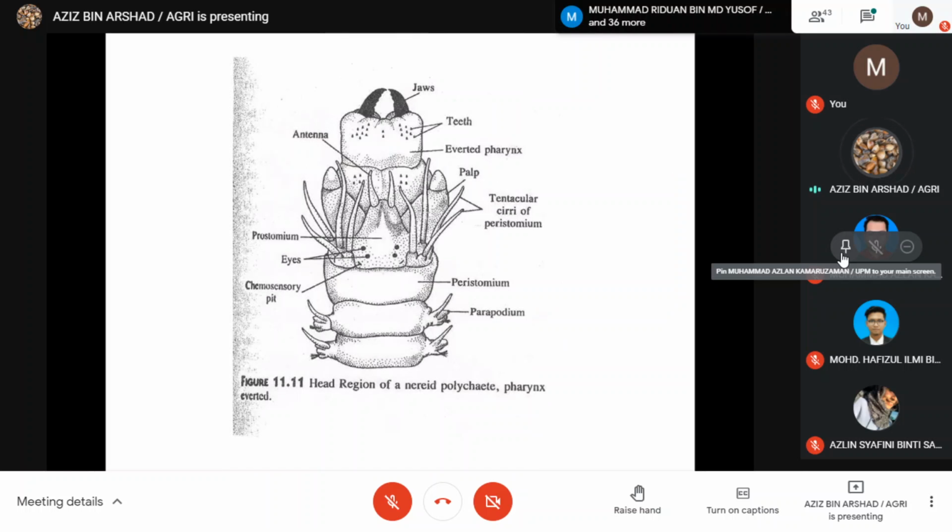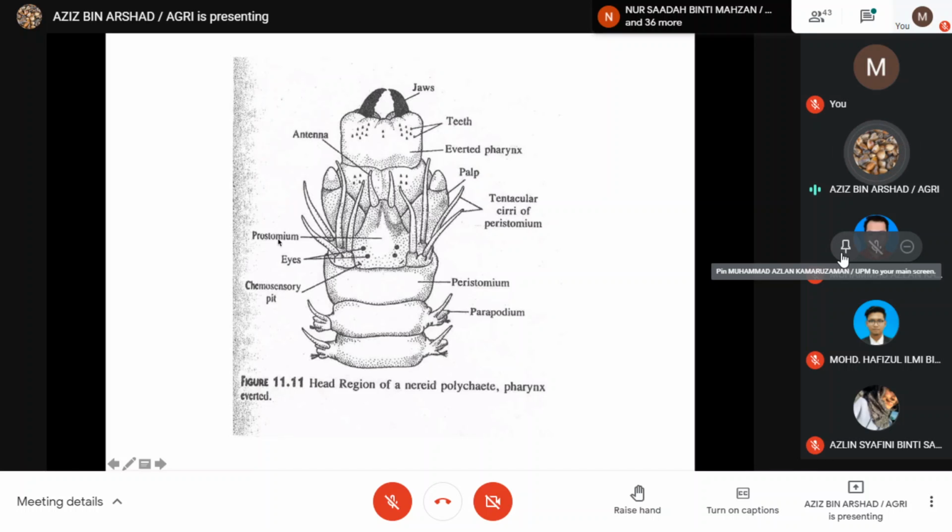to catch the prey. And there's an eye spot that can be seen on the head part, and there's some sensory pit as well. In terms of segment, the first segment is not provided with parapodia, and it's not called the first segment, it's called peristomium.